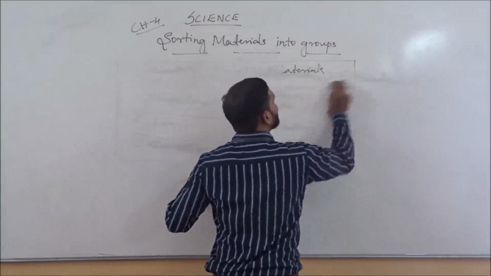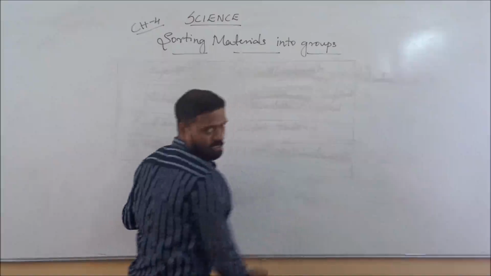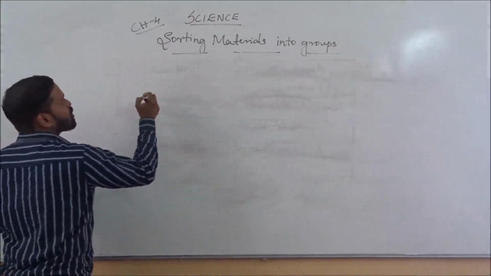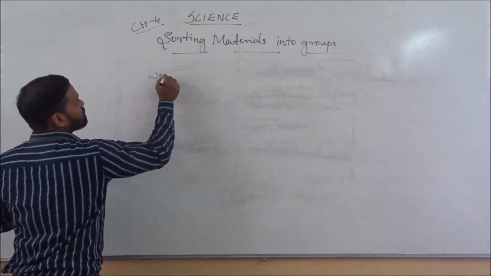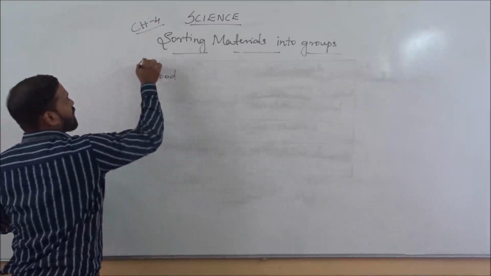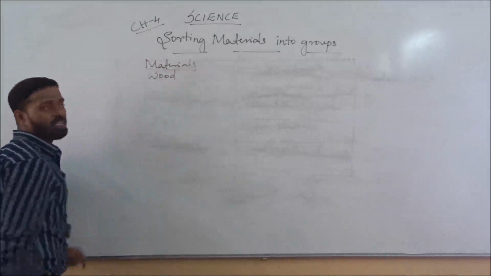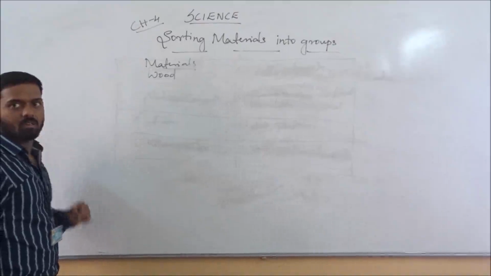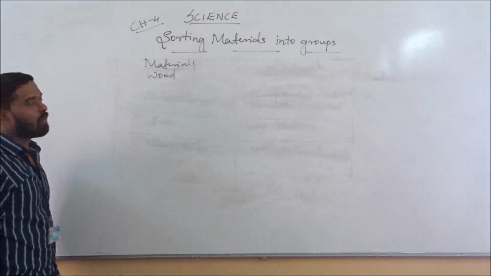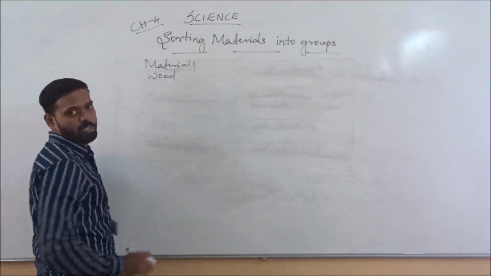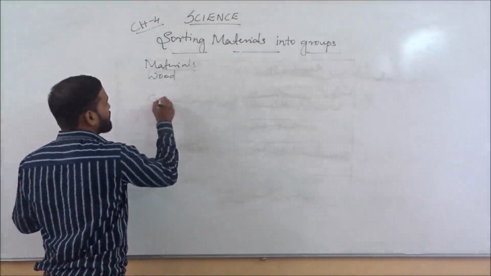suppose I will take certain materials. Now I am going to take certain materials. Certain materials means I am going to take wood. Okay, these are materials. Wood is there. Next, cotton is a material.